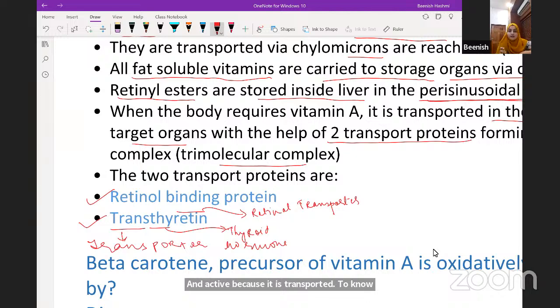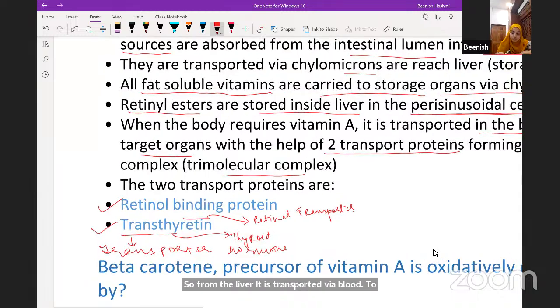So from the liver, it is transported via blood to the target organs with the help of these two transporters.